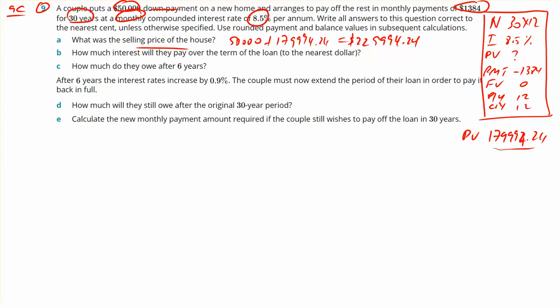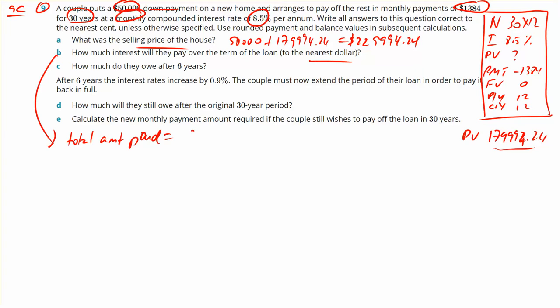Okay, so how much interest will they pay over the term of the loan to the nearest dollar? Interest is the total amount paid minus the principal. Total amount paid is given by your payments.